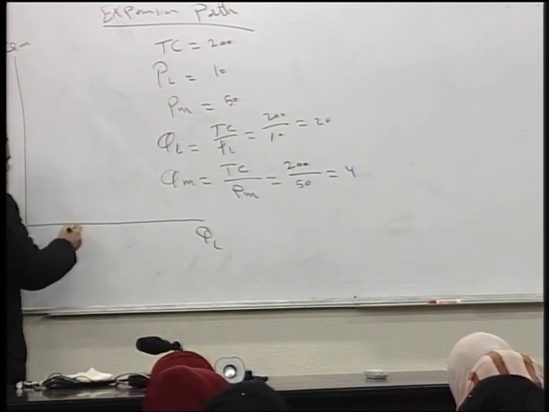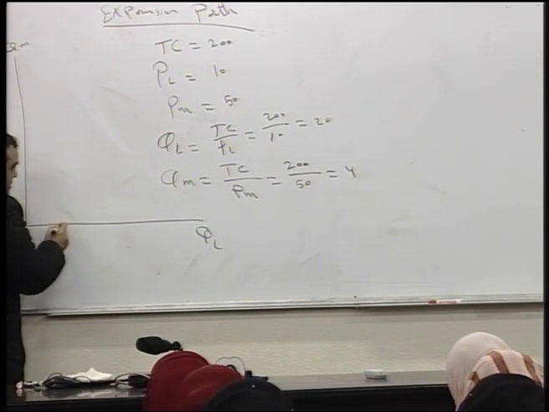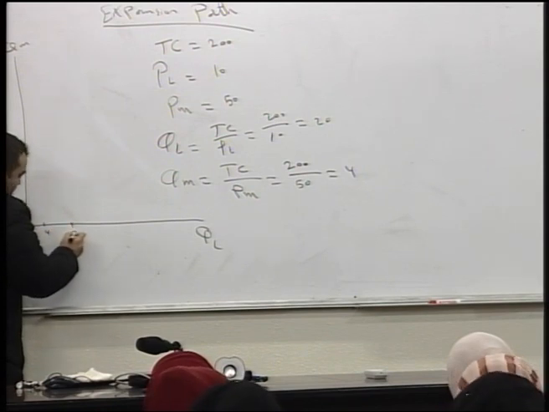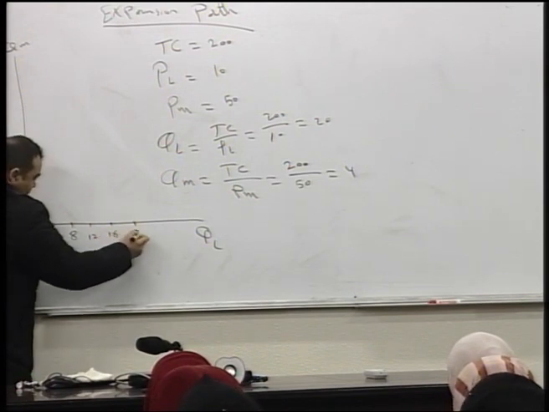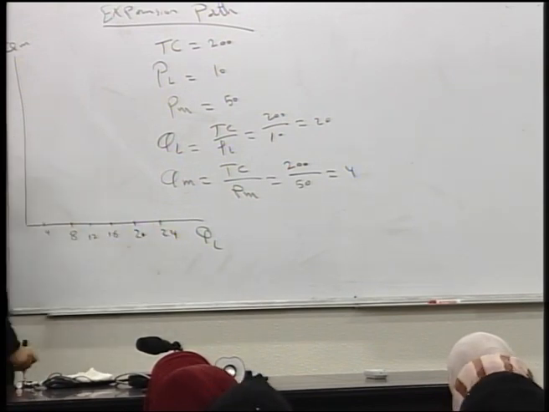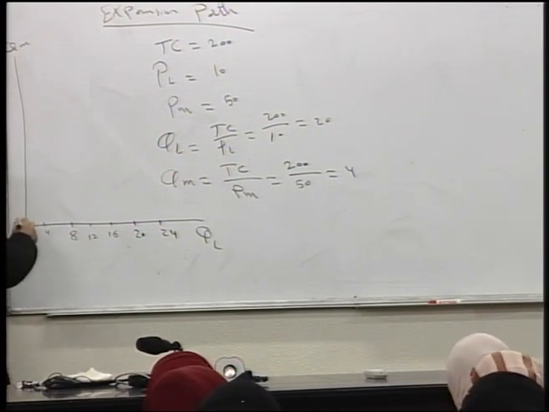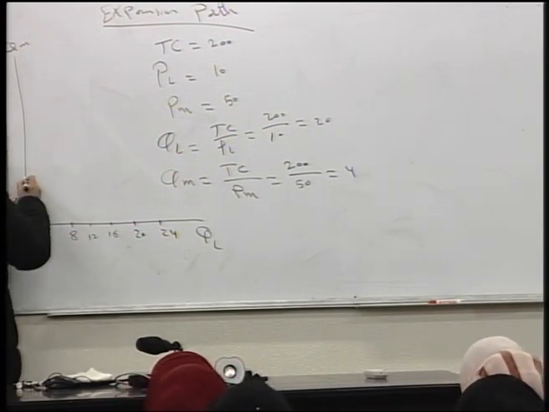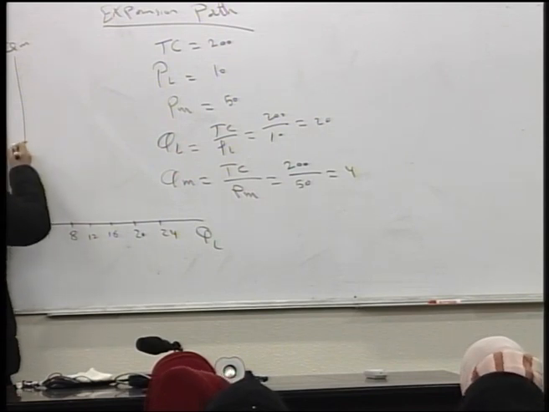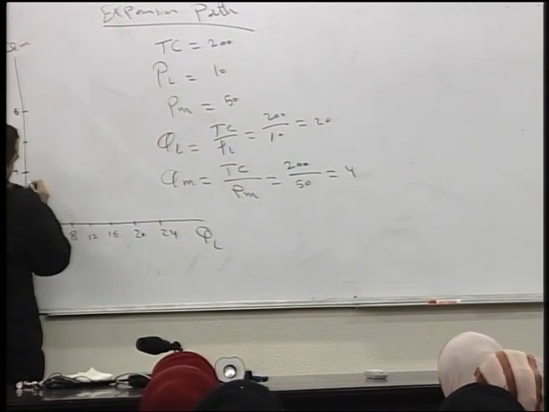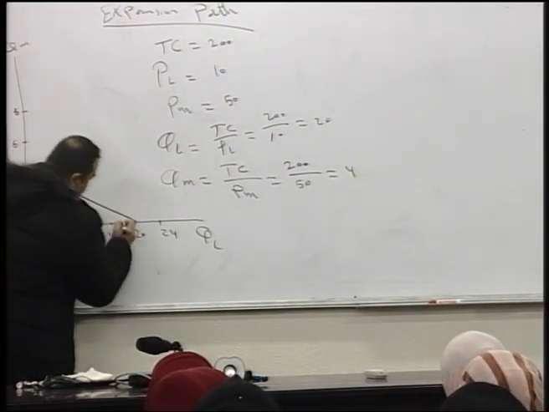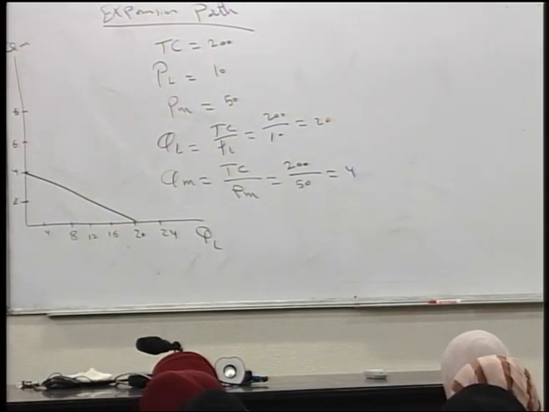Here the quantity of labor, we can write it as follows: 4, 8, 12, 16, 20, 24, and here 2, 4, 6, 8, and so on. So here is the isocost line, all right?